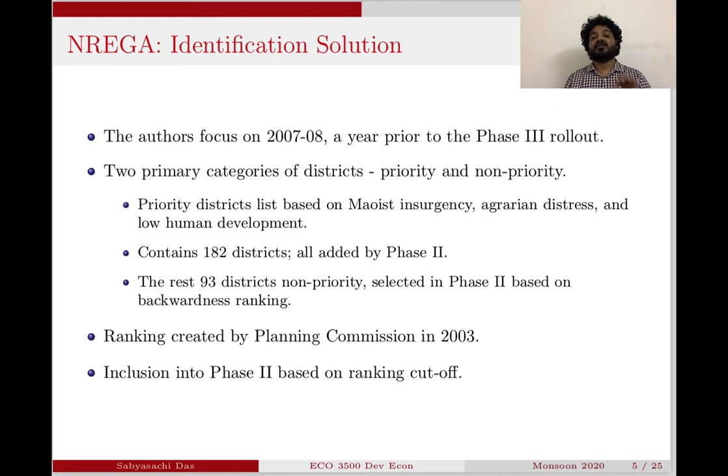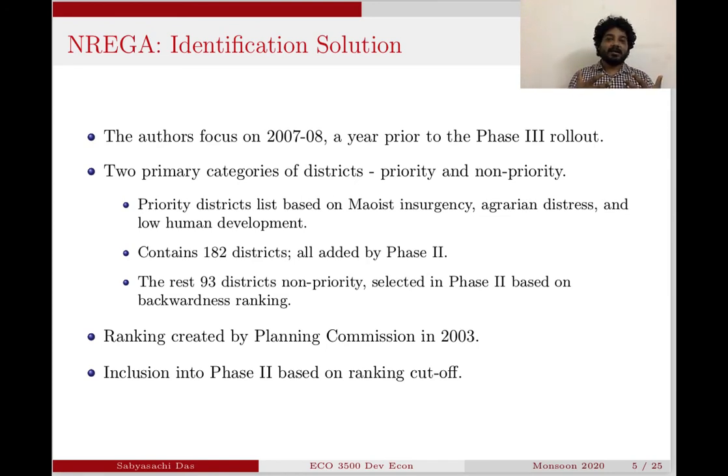First, whether the district is under Maoist insurgency; these areas are more likely to have been underdeveloped for a long time, which resulted in Maoist insurgency. Second, districts that are going through agrarian distress, another marker of poverty. Third, generally low human development, so education and health outcomes are also low.